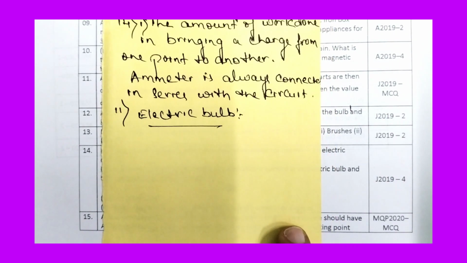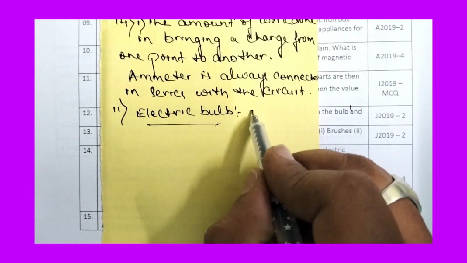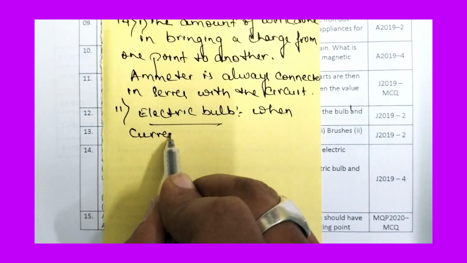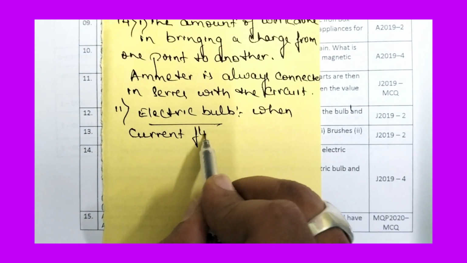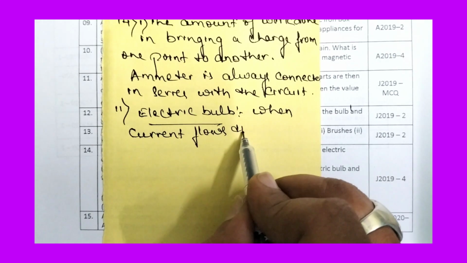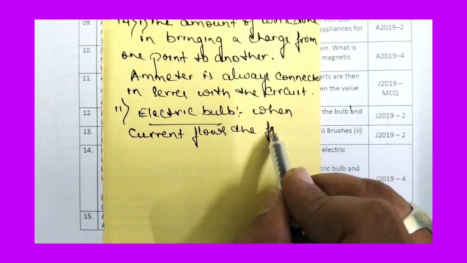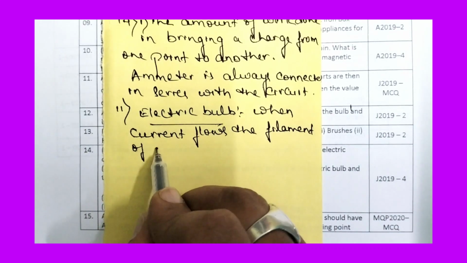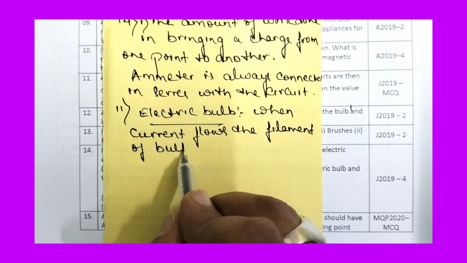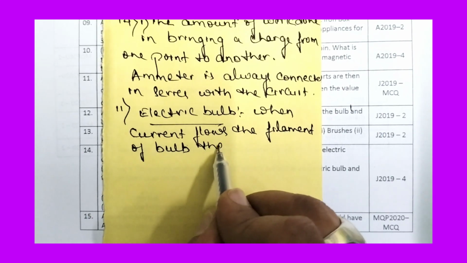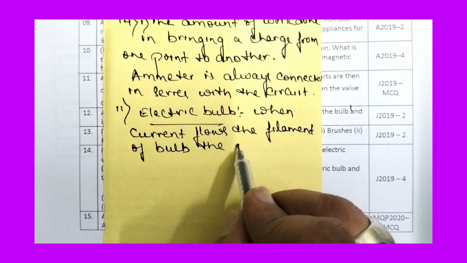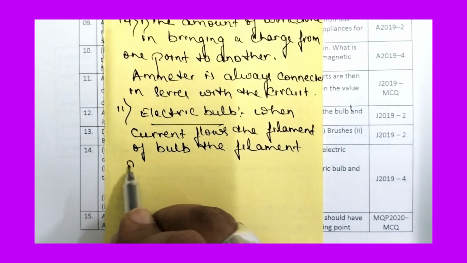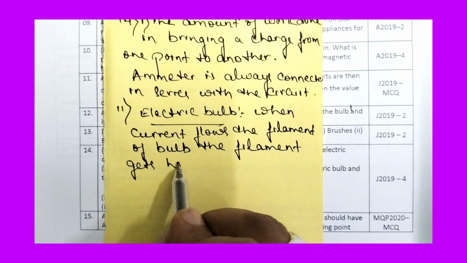and another about the fuse. So if we write about the electric bulb: when current flows through the filament of a bulb, the filament gets heated up.